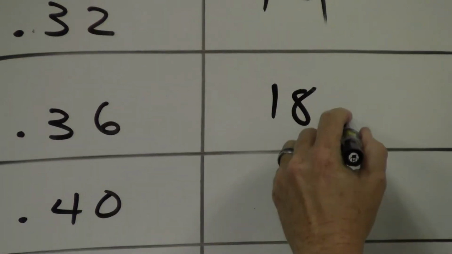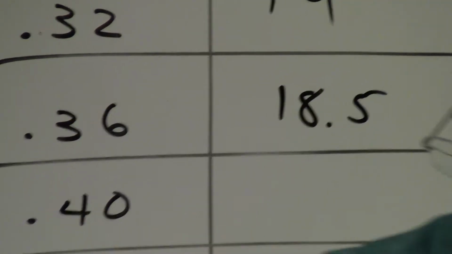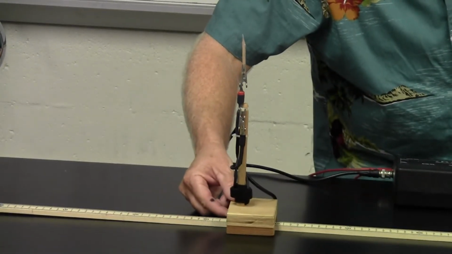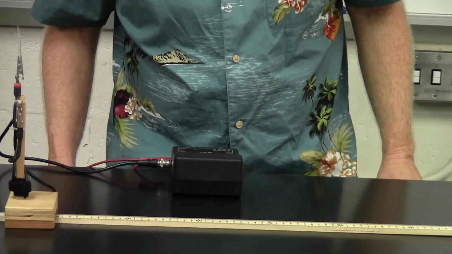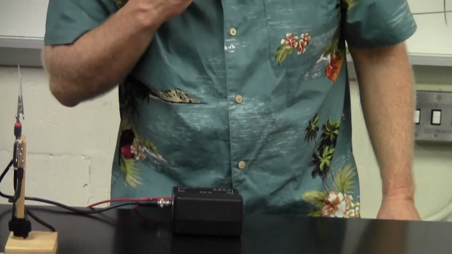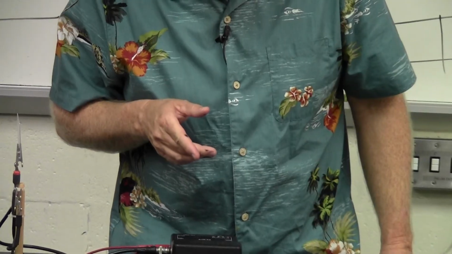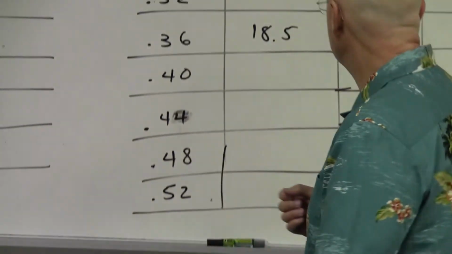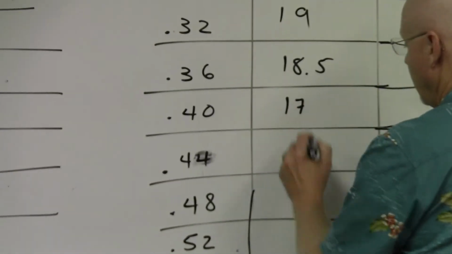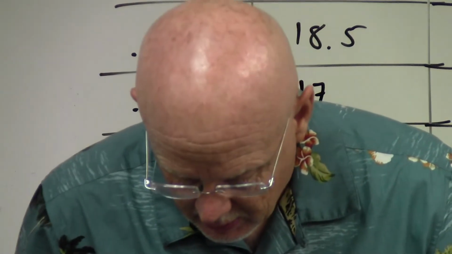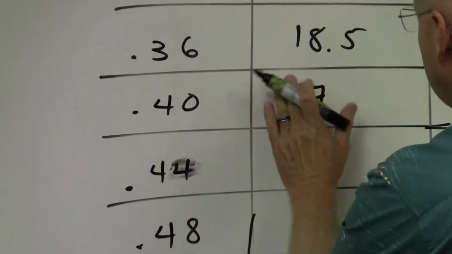Yeah, let me call that an 18 and a half. And so 18, 16, let's call that a 17 and a half. Well, no, I'm going to go with 18 even on that one.